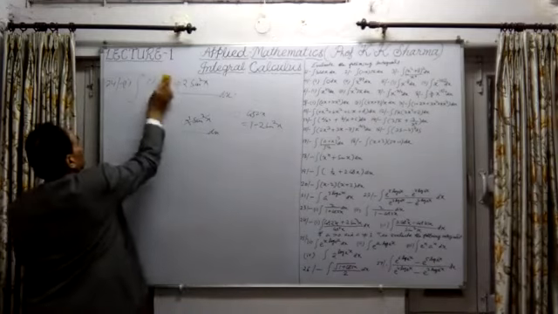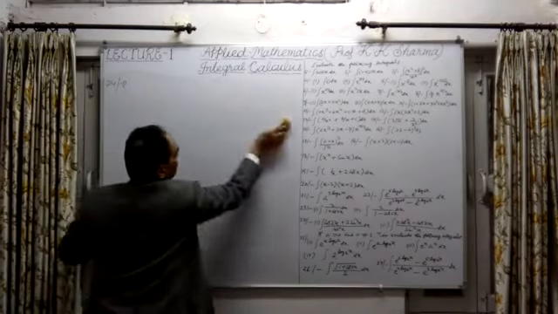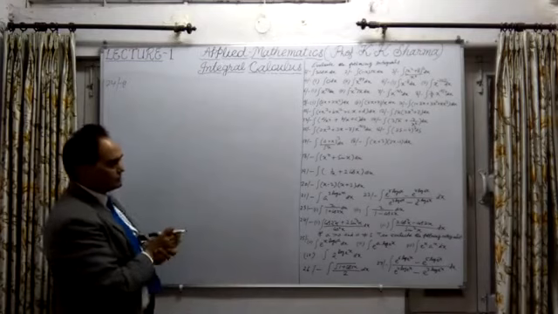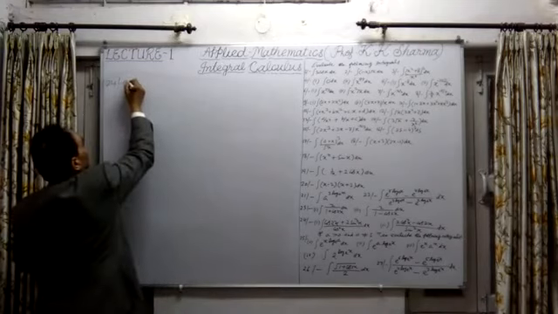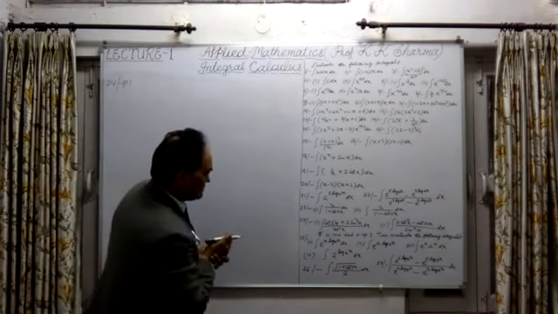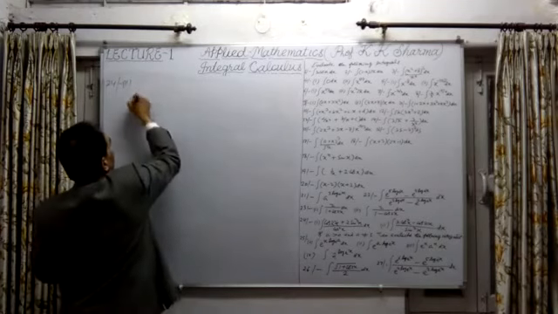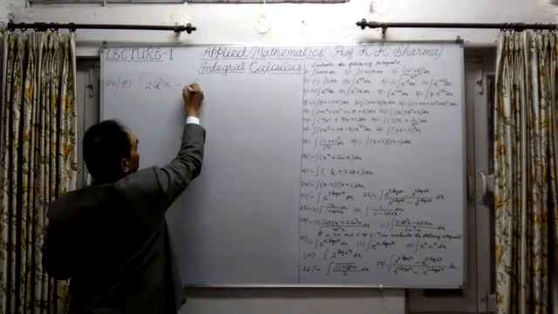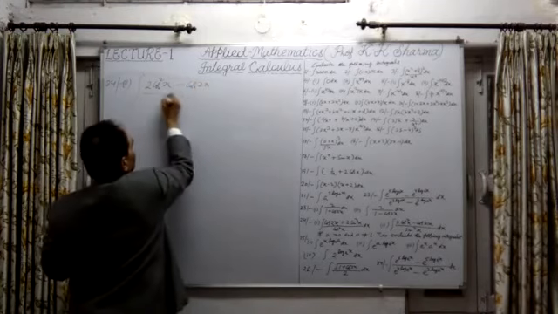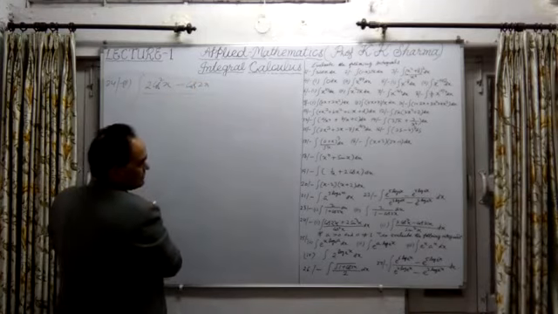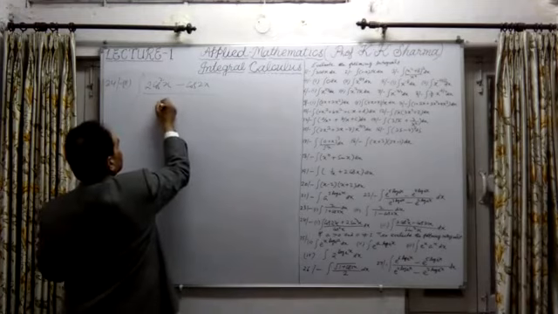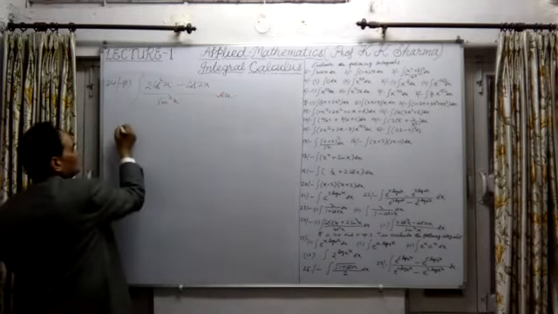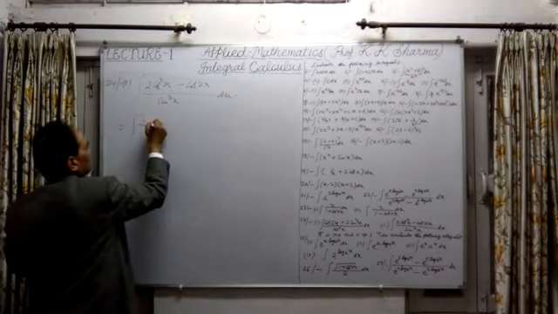Let me take the second part of question number 24. What does the second part say? The second part says the integration of 2 cos square x minus cos 2x divided by sin square x into dx.